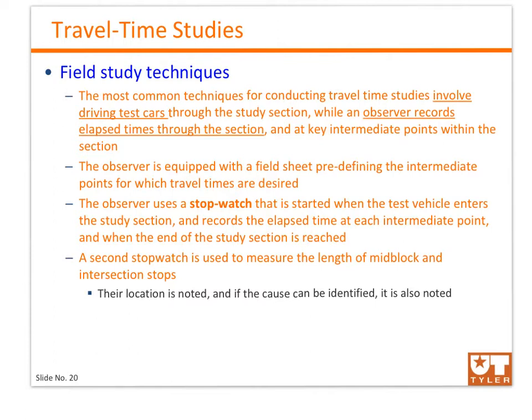A second stopwatch is used to measure the length of mid-block and intersection stops. The locations of those stops are noted on the sheet we fill out, and if the cause can be identified, it is also noted, explaining why we measured the time at that location in particular.